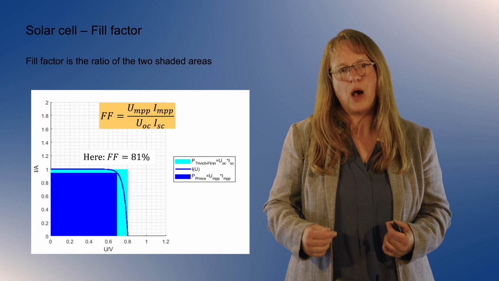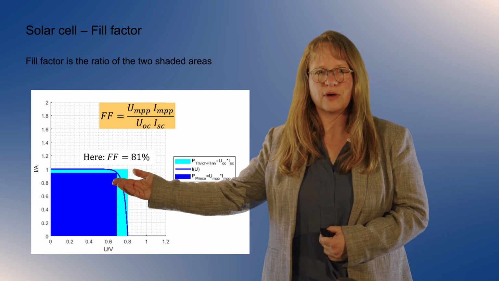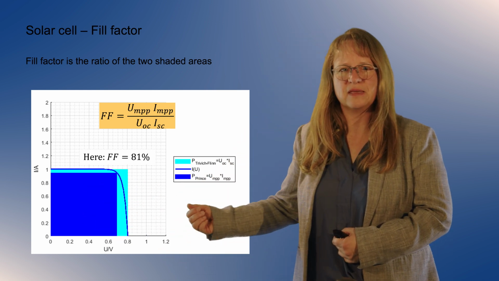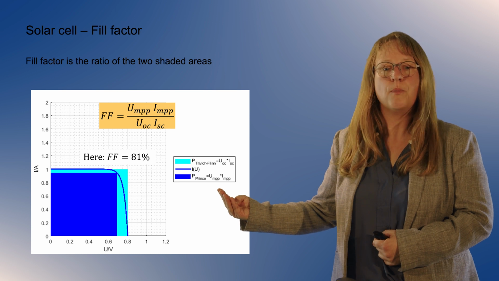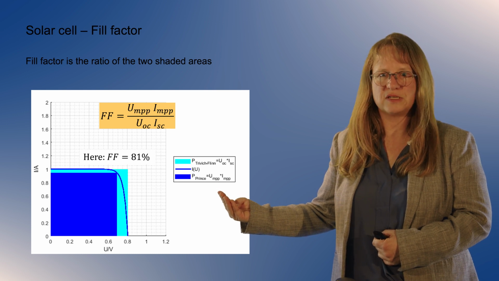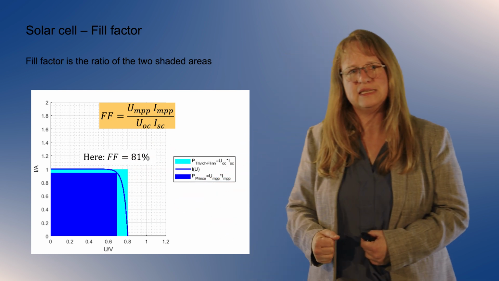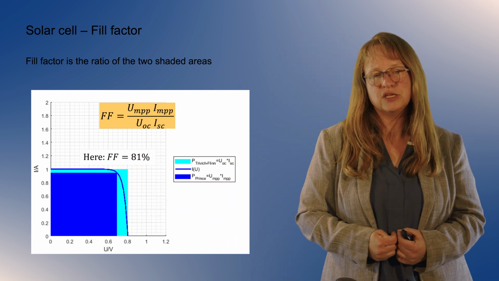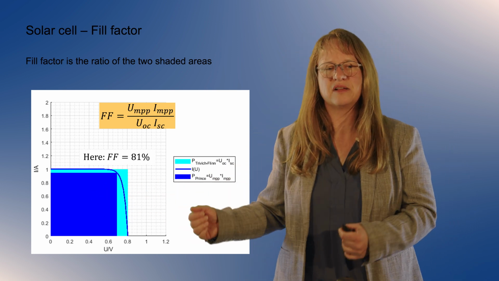And the power that can be extracted, considering the electrical characteristics, is this blue square, which is given by the current at the maximum power point multiplied by the voltage at the maximum power point. And so the fill factor that we have defined previously is actually the ratio of these two shaded squares, or rectangles, here.